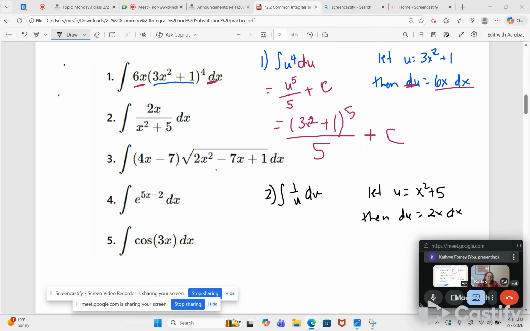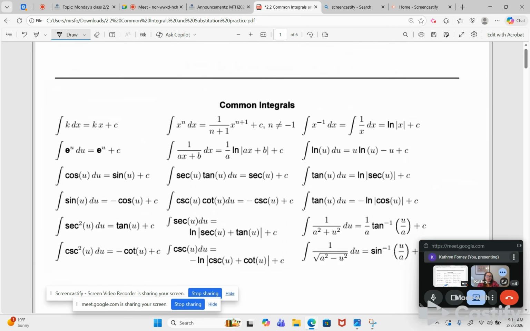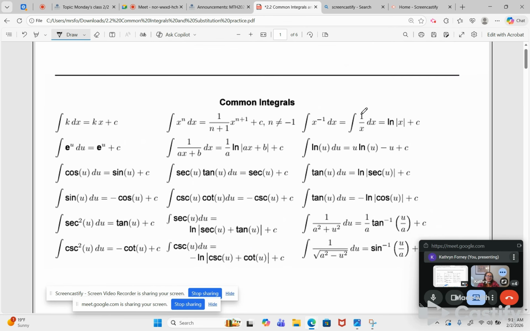Okay, so 1 over u du. We talked about how when you have 1 over something, that's the same as that variable to the -1. If we were to apply the common rule where you add 1, that would give us x to the 0, which isn't really a problem. But then when you divide by 0, you can't do that.